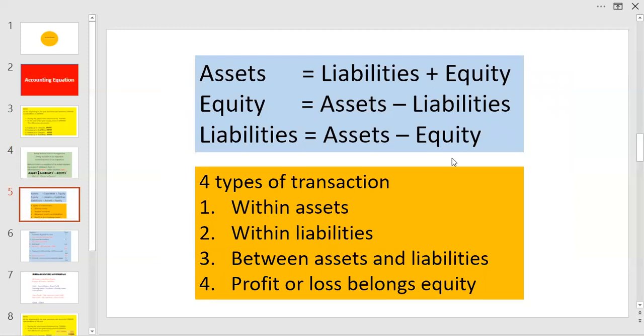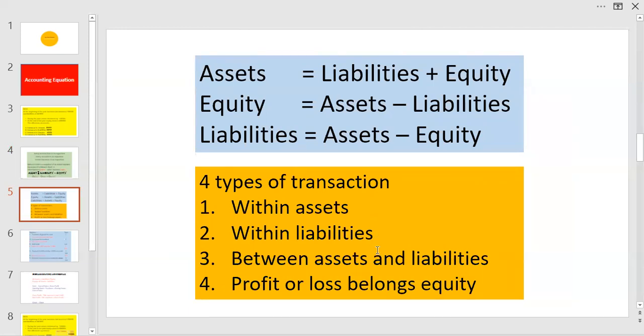To make learning easy, we have categorized all transactions into 4 types. One, within the assets. One asset will increase, another asset will come down. Second one, within liabilities. That is, one liability will increase, another liability will come down.